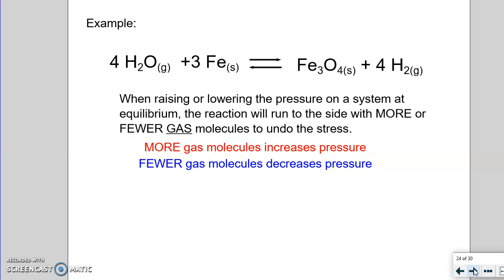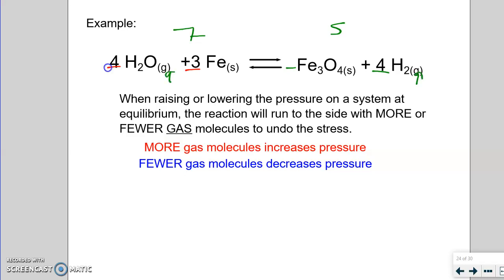So the coefficients here are 4 and 3 on the left, and 1 and 4 on the right, for a total of 7 on the left and 5 on the right. And so you would say, well, 7 has more gas molecules and 5 has fewer, but that would not be correct. You've got to be really careful here, because one word I've said a whole bunch of times is gas. That's a gas molecule.